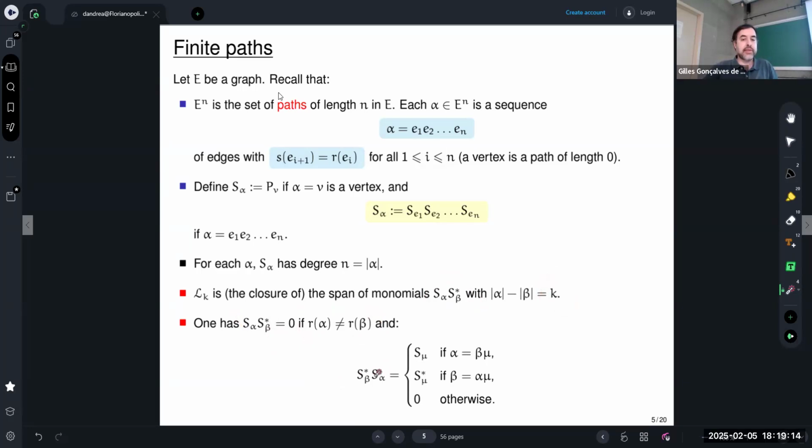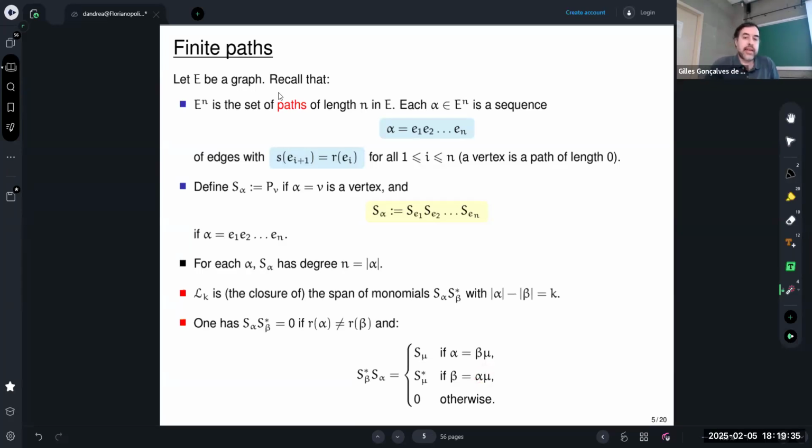And you can prove in the opposite direction that S beta star S alpha is either S mu if alpha is mu concatenated with beta, S mu star if beta is alpha concatenated with mu, and 0 in all other cases. And this is basically all you need in many cases to do computations and prove things about this algebra.